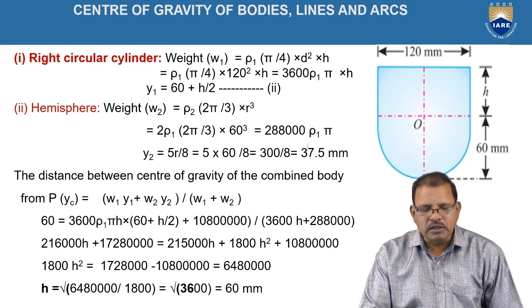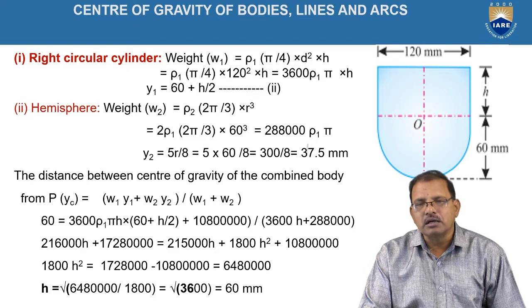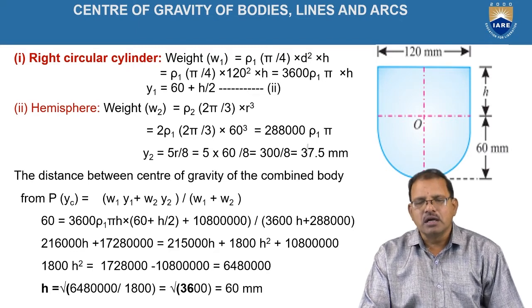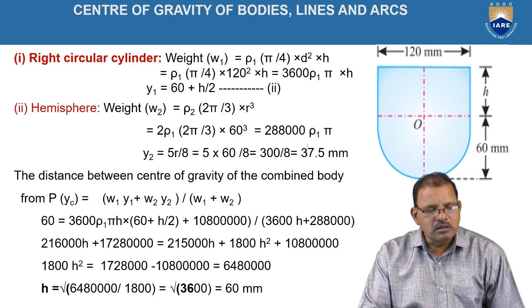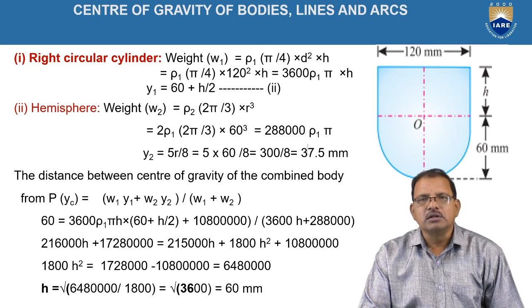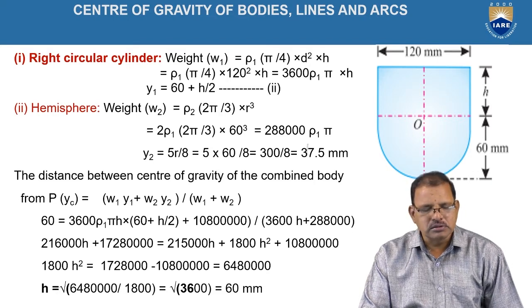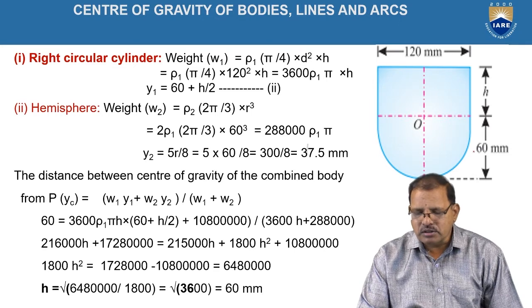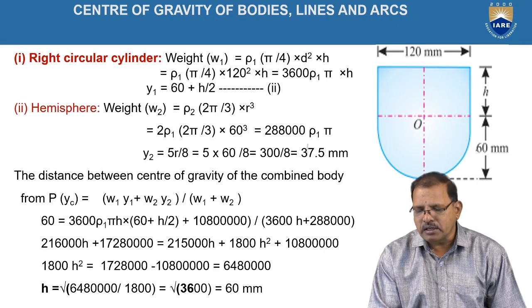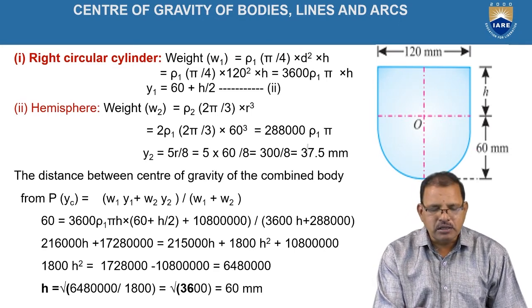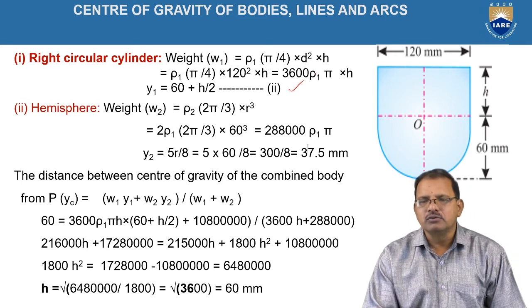It has weight W1 because they are made up of different materials. Assume rho 1 is the density of the cylinder, so W1 is rho 1 into pi by 4 d square h, which is equal to 3600 rho 1 pi into h. Similarly, y1 is 60 from the bottom position passing through point P, plus h by 2, as shown in figure 2.